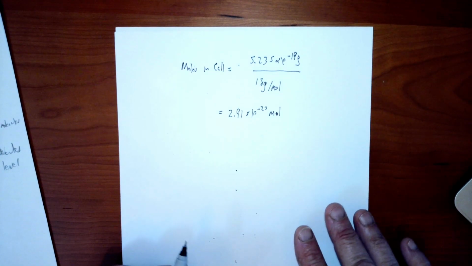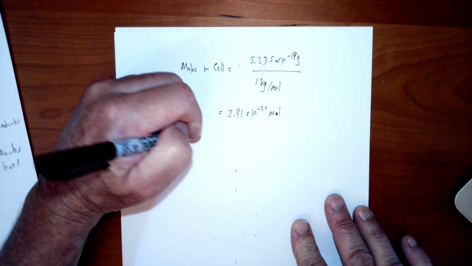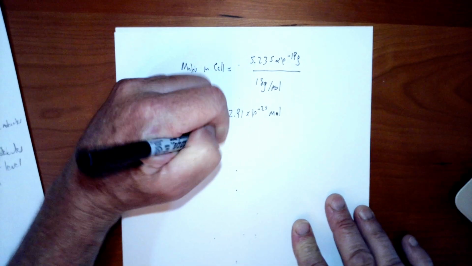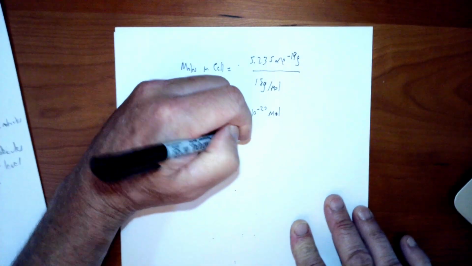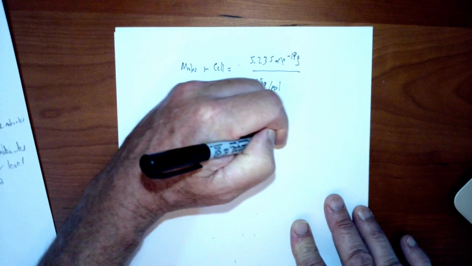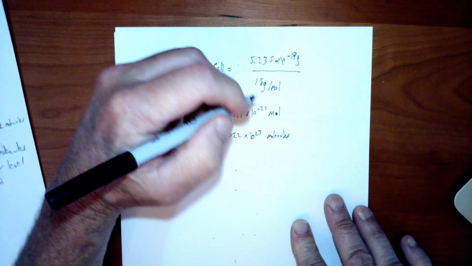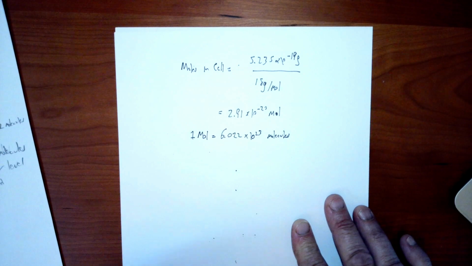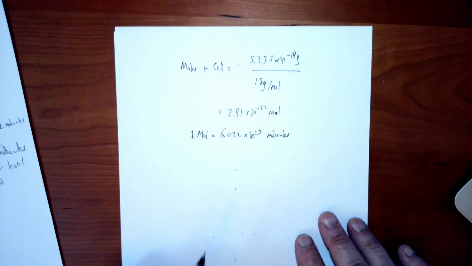And how many molecules is that? Well, I know that 1 mole of water is equal to 6.022 times 10 to the 23rd molecules. That's how many molecules are in a mole.